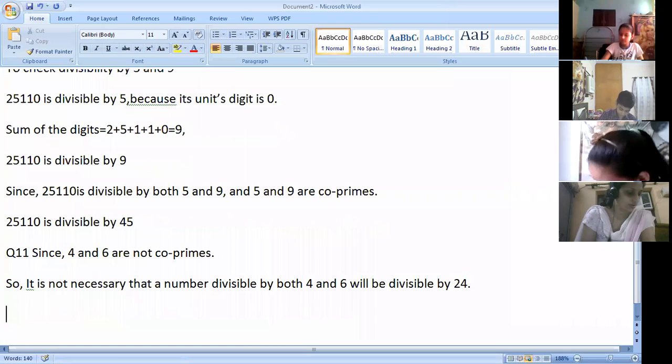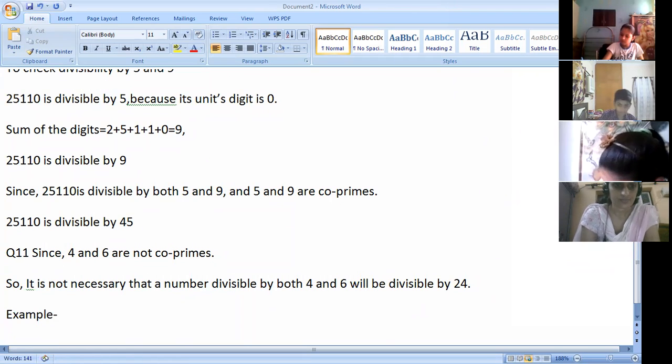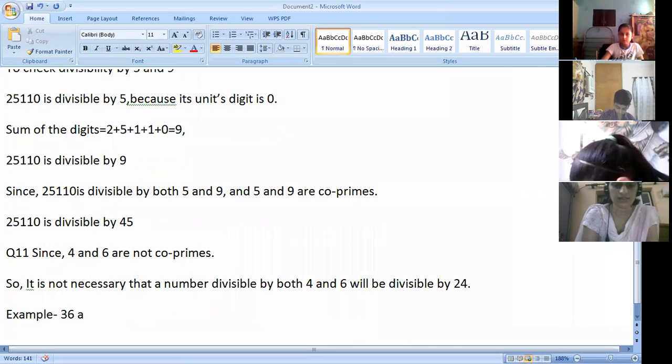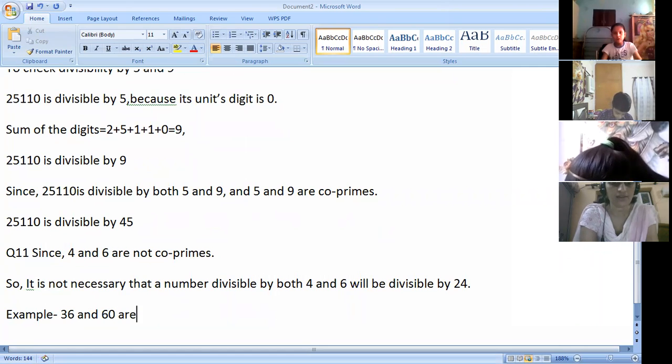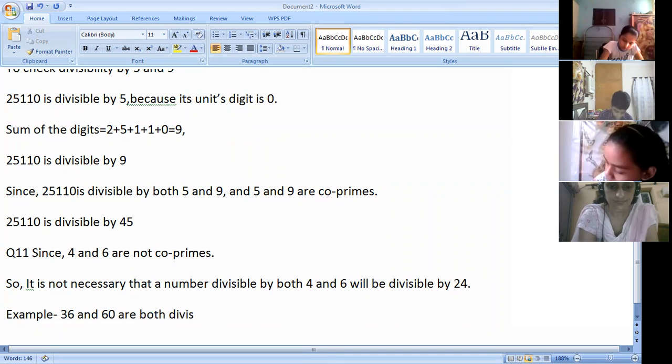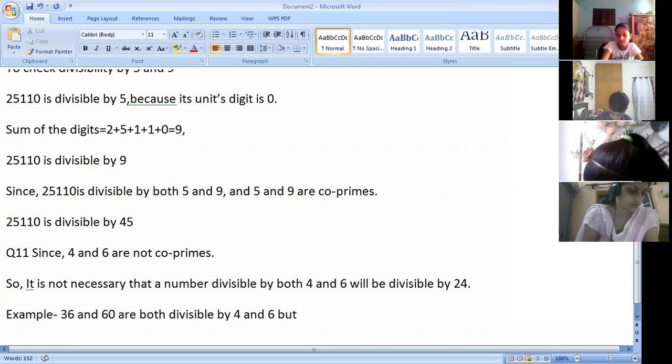Okay, so let's take an example. If I take two numbers, 36 and 60, both are divisible by 4 and 6, but not by 24.